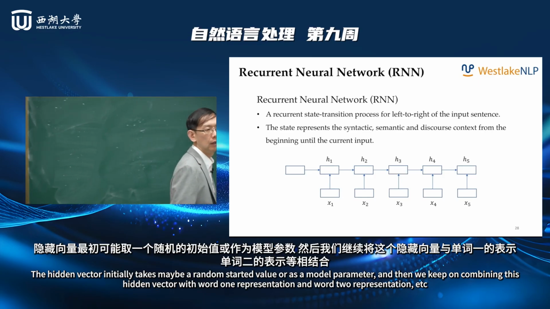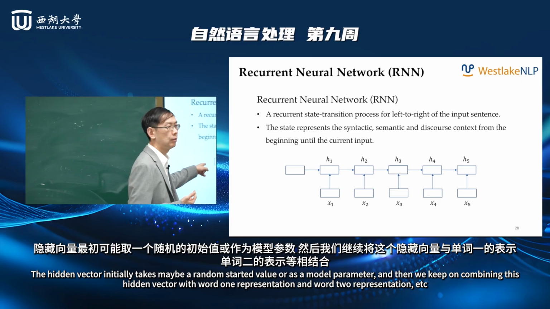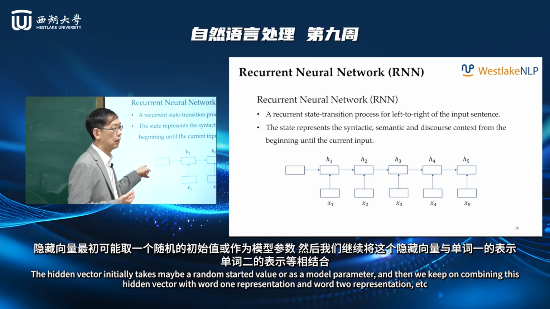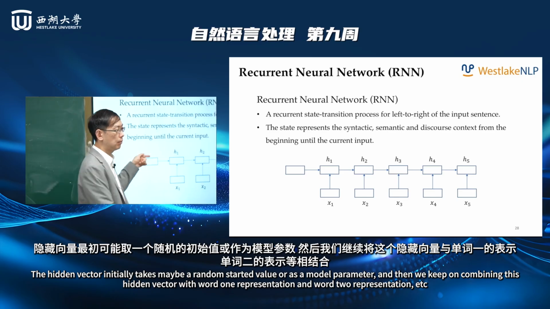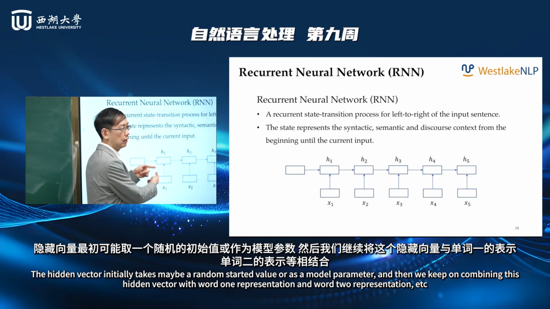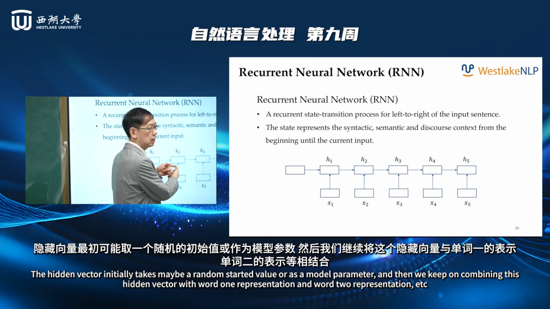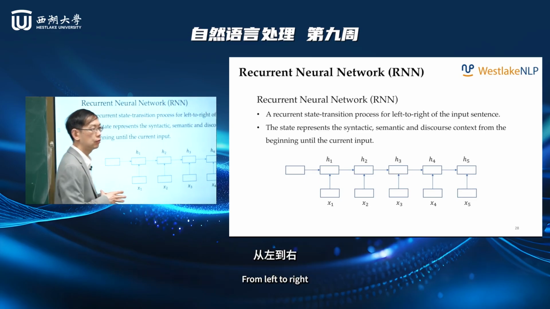The hidden vector initially takes maybe a random starting value or is a model parameter, right? And then we keep on combining this hidden vector with word 1 representation and word 2 representation, etc., from left to right.